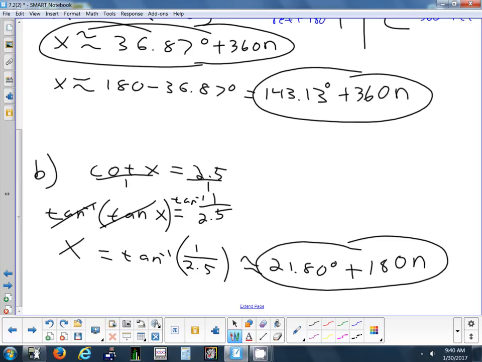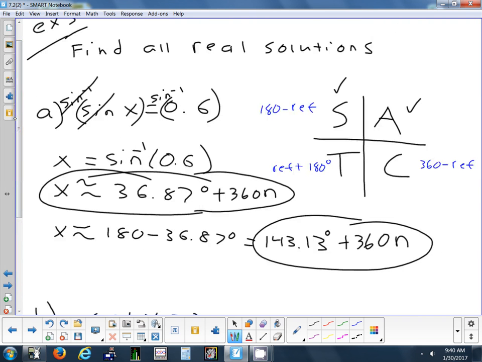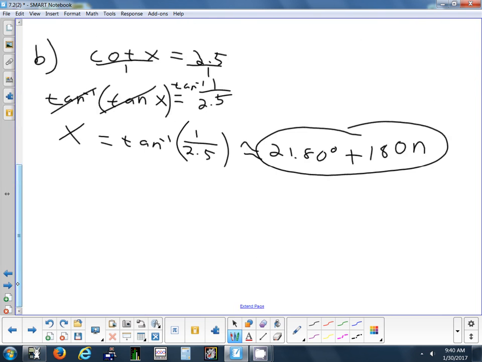Now, the original problem was looking for where tangent equals a positive number. Does everyone agree 1 divided by 2.5 is positive? Okay. 21.8. Actually, you know what? Let's write it down here. I've got that answer. Where else is tangent positive?